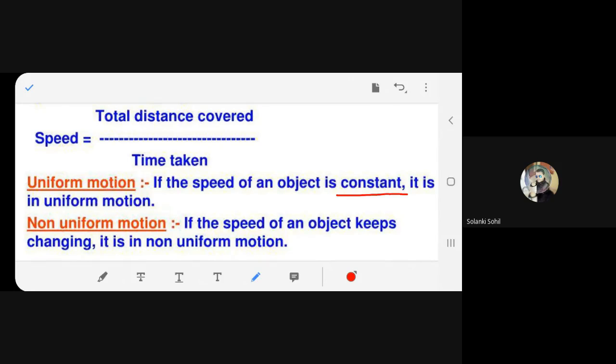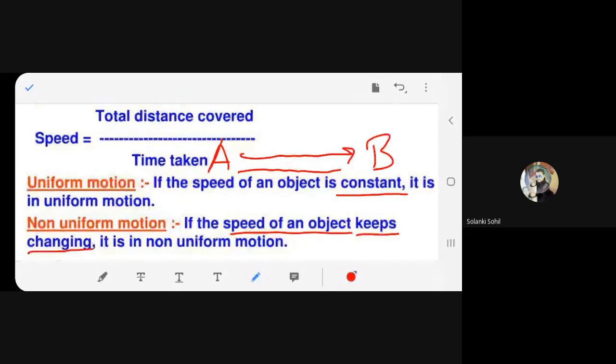It does not change from A to B. For example, this is the object and it moves to B. The speed remains the same. It is constant. It is called uniform motion. Generally, it does not happen. Remember that. Generally, we have non-uniform motion because what we find in day-to-day life is that the speed of an object keeps changing. You agree with me?